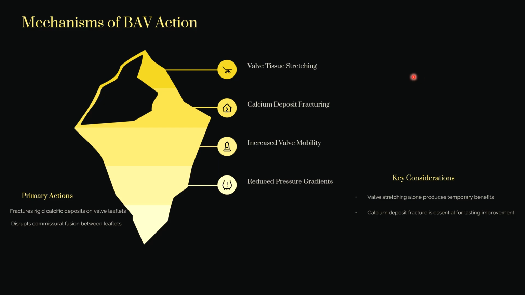Now, what is the mechanism? First of all, the valve tissue is stretched, then calcium deposition is fractured, then valve mobility increased, and pressure gradients are reduced. So these four are the key steps. So what are the key steps?